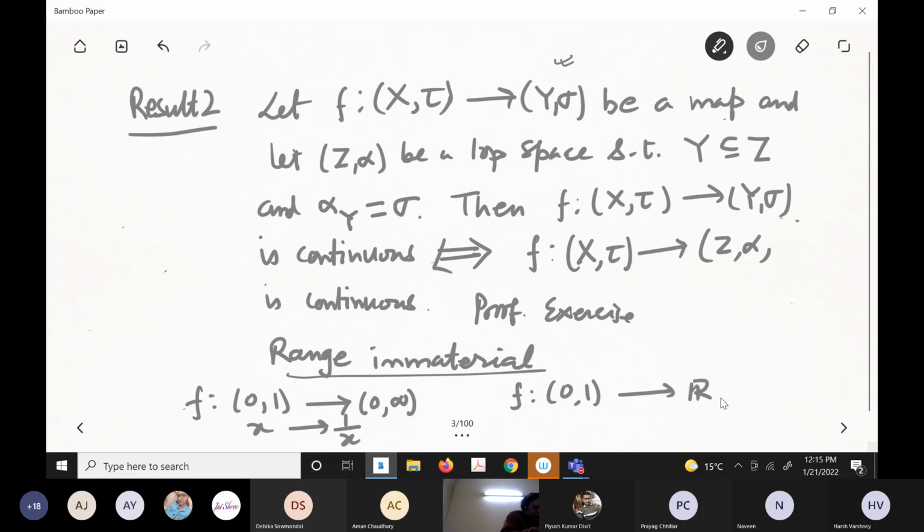Here you have the topology on the whole of R, and here, as I'm writing, is the subspace topology. It doesn't matter which way you take, whether you take this or this, it is always continuous. So range is immaterial. Keep this in mind. This is a good thing.